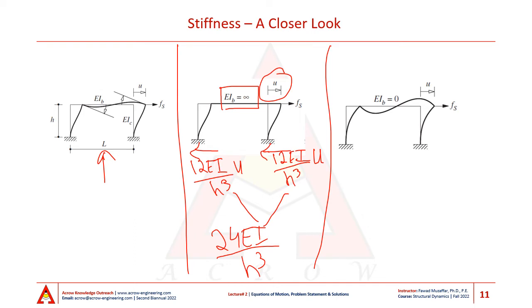Now, for this case, your beam stiffness is approximately equal to 0, and when I displace my frame in the lateral direction, each one of the columns acts like a cantilever that is supporting a point load at its end.